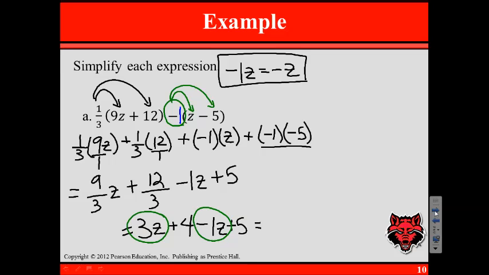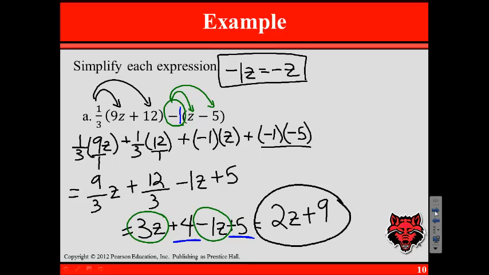I also have positive 4 and positive 5. If we combine our z's, 3z minus 1z, 3 minus 1 is 2. So it becomes 2z. Positive 4 plus positive 5 becomes positive 9. 2z and positive 9 are not like terms, so that is the end of the problem.